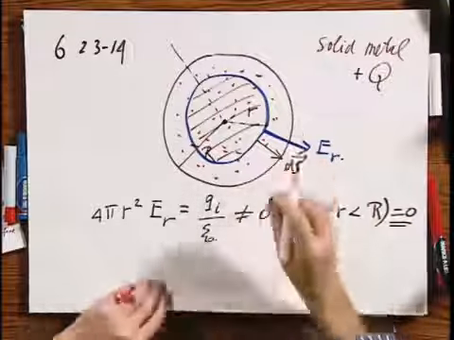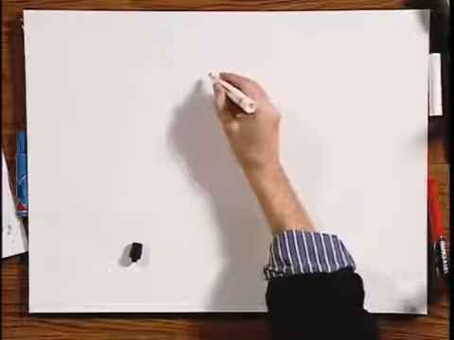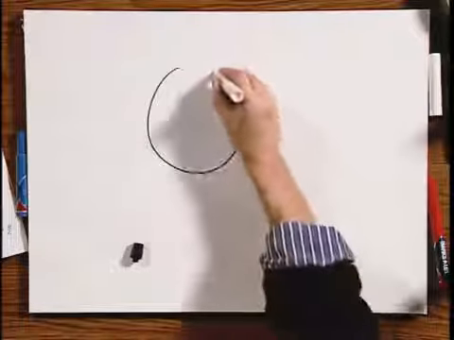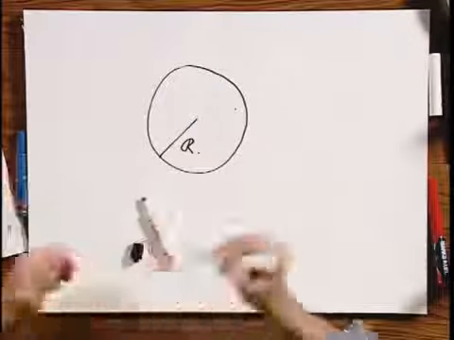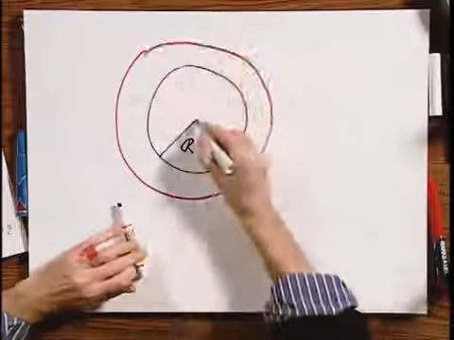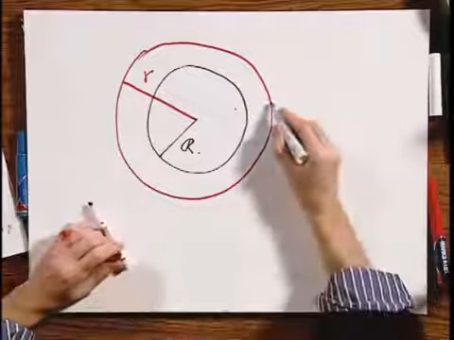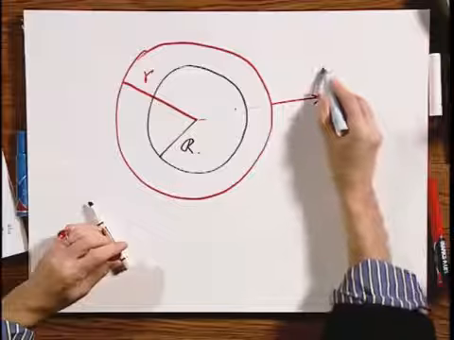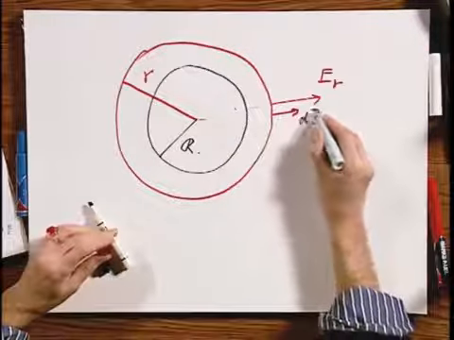And so now we'll calculate the electric field outside the sphere. I think we should make a new drawing for that. Radius R. And now I have a Gaussian surface which has radius little r, and the E field will be pointing out radially everywhere, and the ds's will be pointing out radially everywhere.